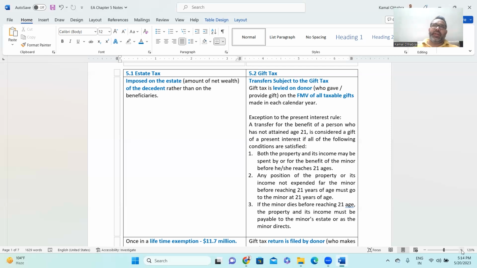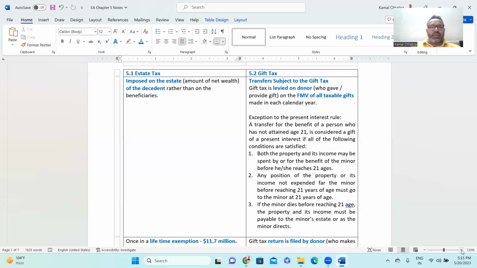So the IRS imposed gift tax on the person who is giving the gift, since it is easier for the IRS to track the giver. Hence it is taxable in the hands of the person providing the gift.